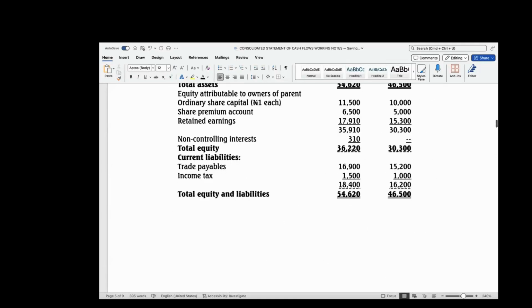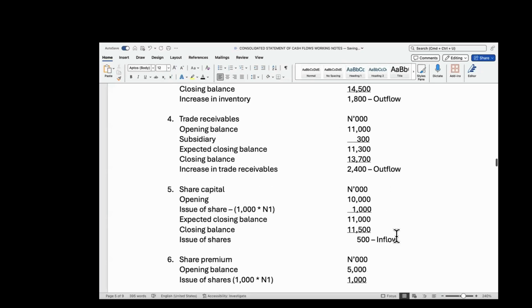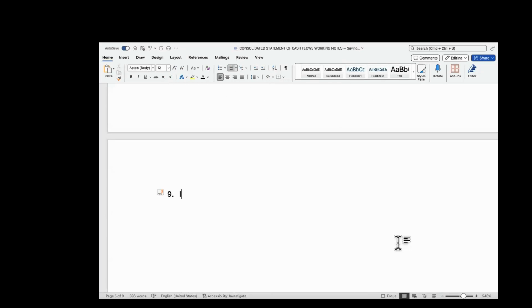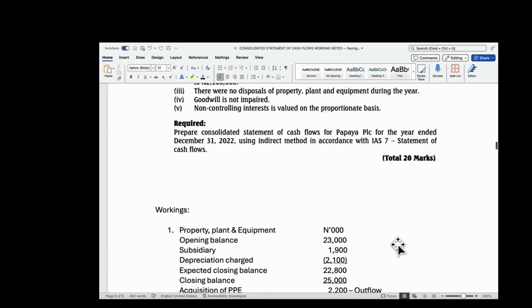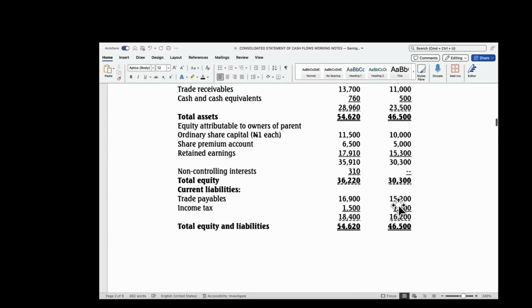After that, we have movement in tax. Opening is 1,000. Opening is 1,000.